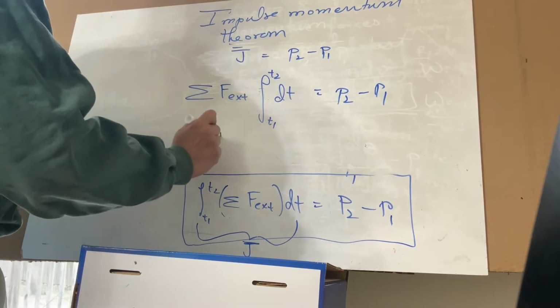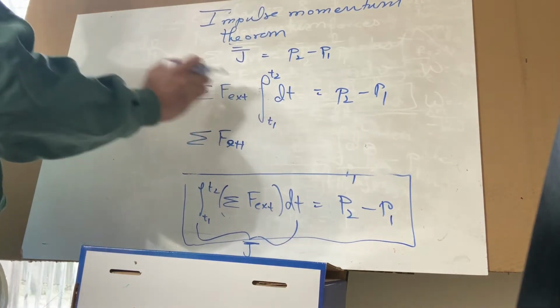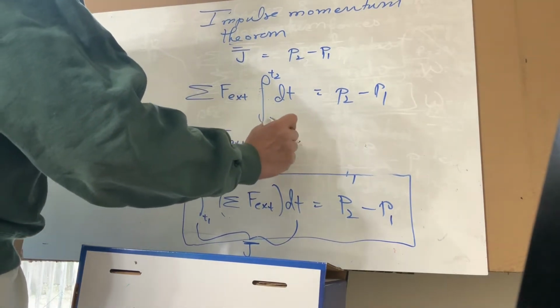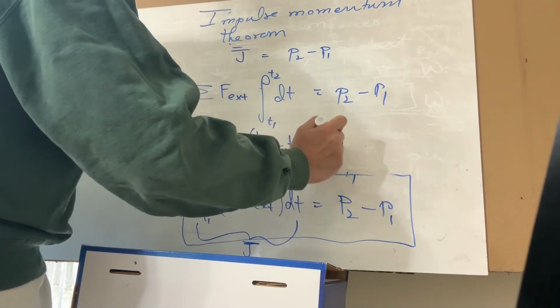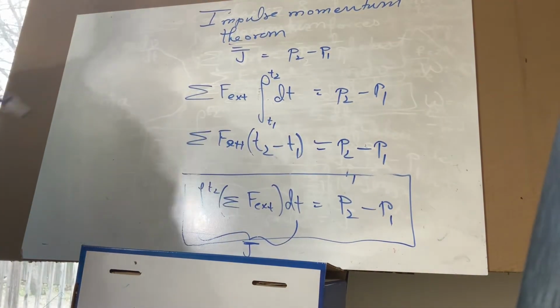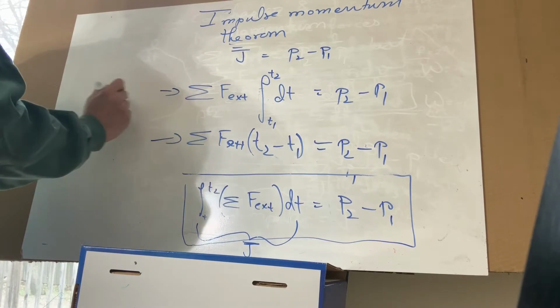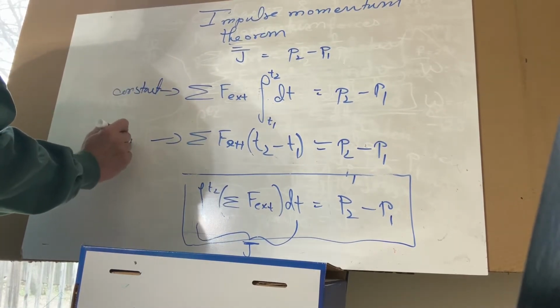If this number doesn't change, I can remove it out of the integral sign and this integral will be t2 minus t1, equal to p2 minus p1. You get the same thing. If this is a constant, you can take it out.